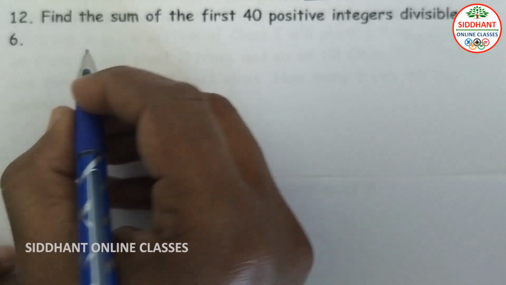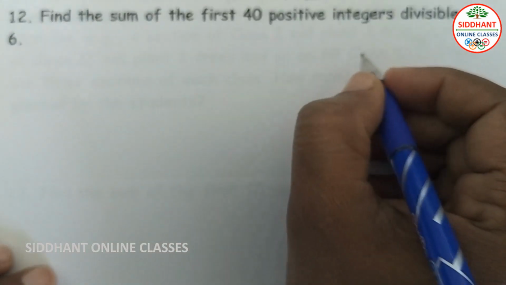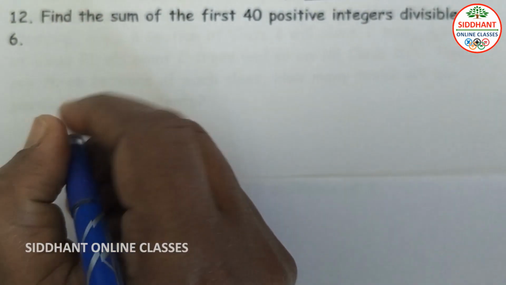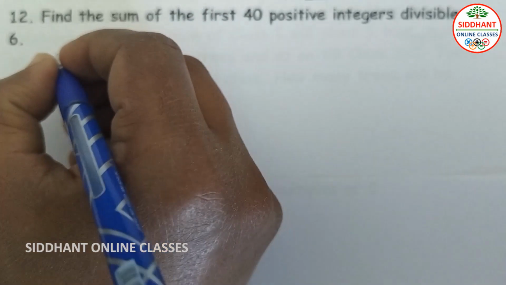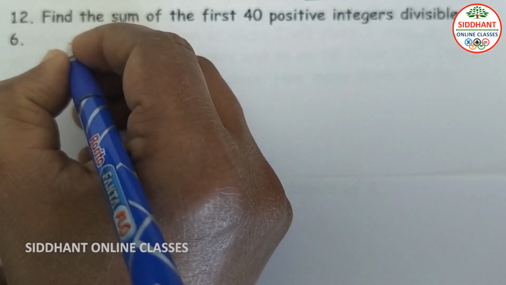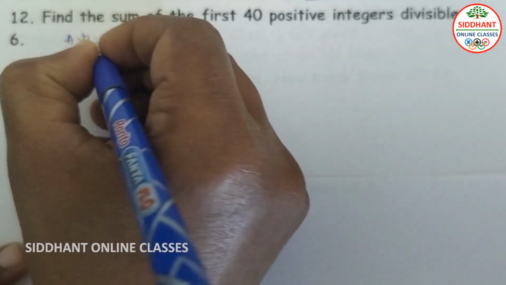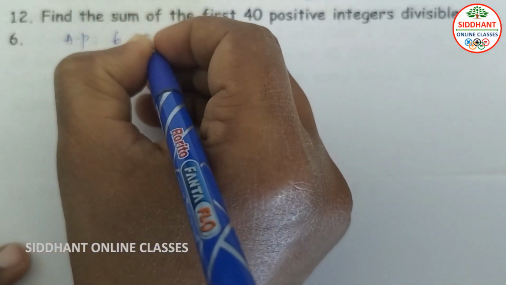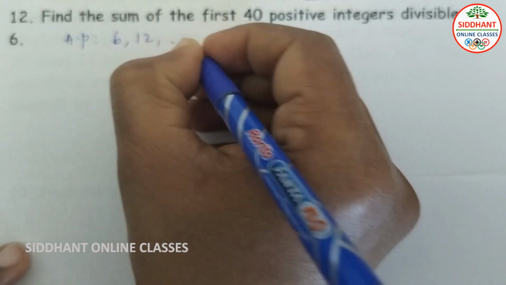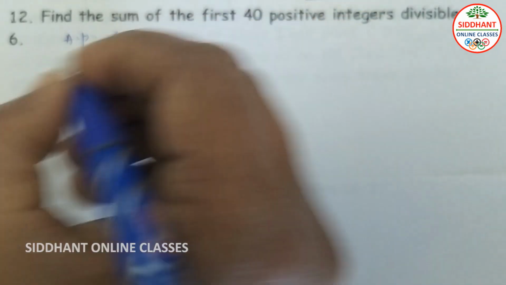Question number 12. Find the sum of first 40 positive integers divisible by 6. So the arithmetic progression will be 6, next 12, and so on up to 40 terms.